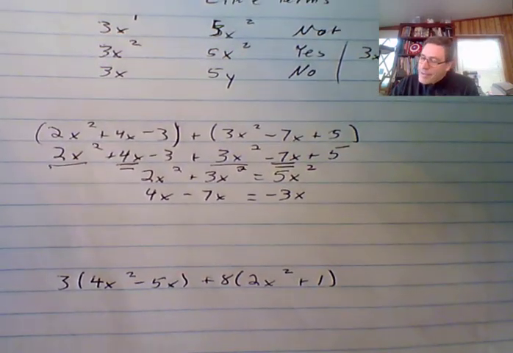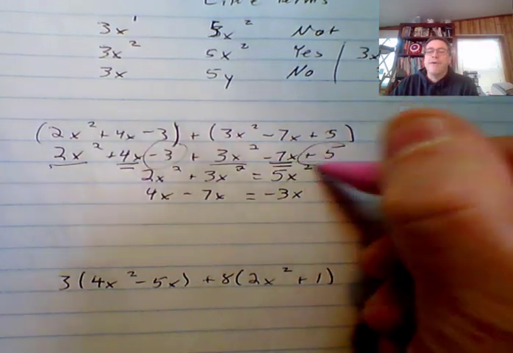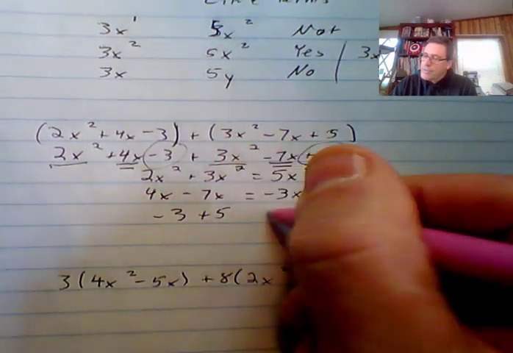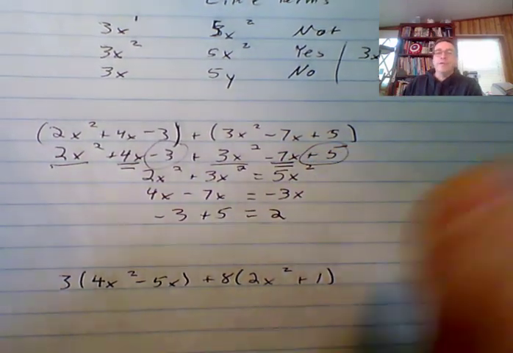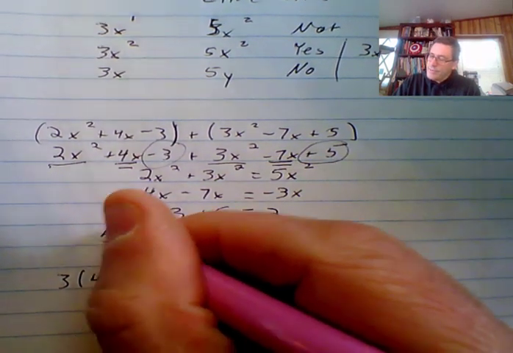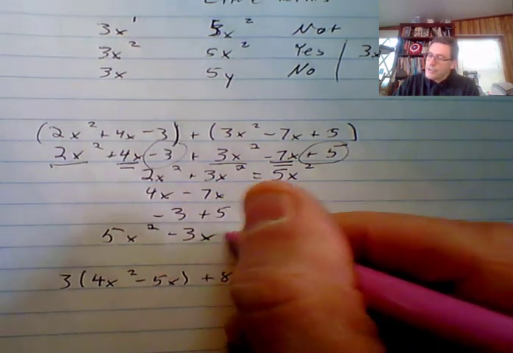And then I have a minus 3 or a negative 3 that I'm going to add to 5. So negative 3 plus 5 is positive 2. Right? Which makes my final result, my final answer, 5x to the second minus 3x plus 2.